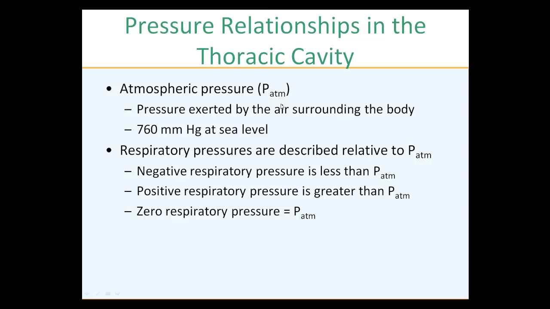A positive respiratory pressure will be greater than the atmospheric pressure, and the zero pressure will be equal to that of the atmospheric pressure. It's the same thing, by the way, when we were talking about the cardiovascular system. When we said that the systolic pressure is 120, we meant it's 120 above the atmospheric pressure, of course.